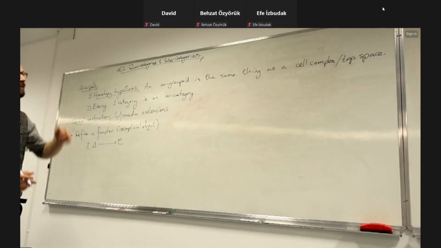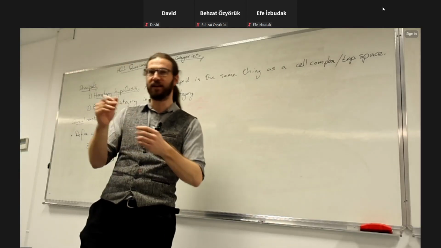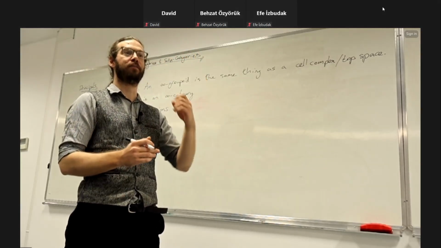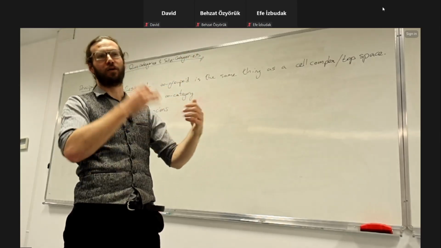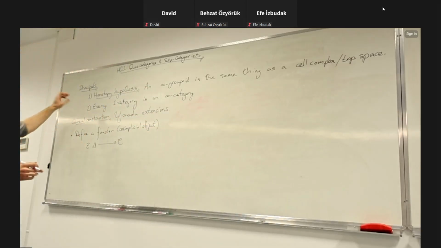And from this idea, or from the idea that an infinity category should be a category that has 1-morphisms, 2-morphisms, so on and so forth, but all of the morphisms above dimension 1 are weakly invertible, from those two intuitions, one can extract that these two principles should be satisfied.